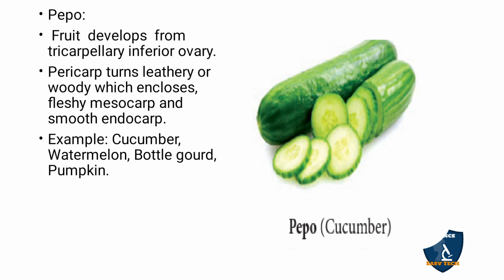Pepo. Examples of pepo are cucumber, watermelon, bottle gourd and pumpkin. The fruit is developed from a tricarpellary inferior ovary.